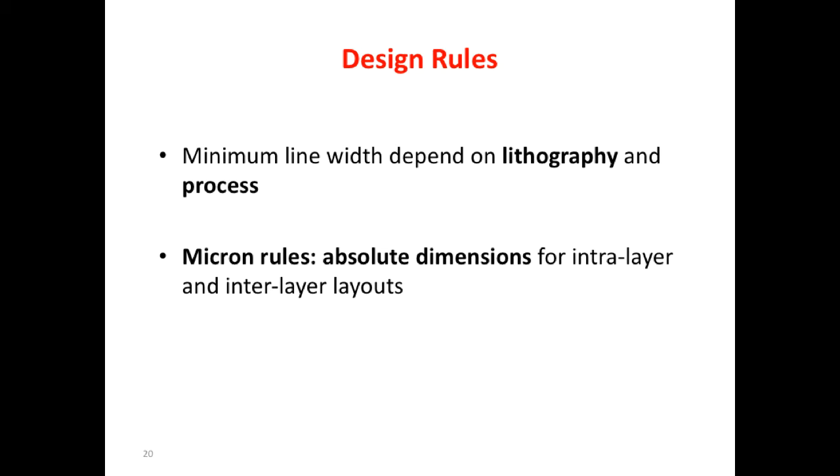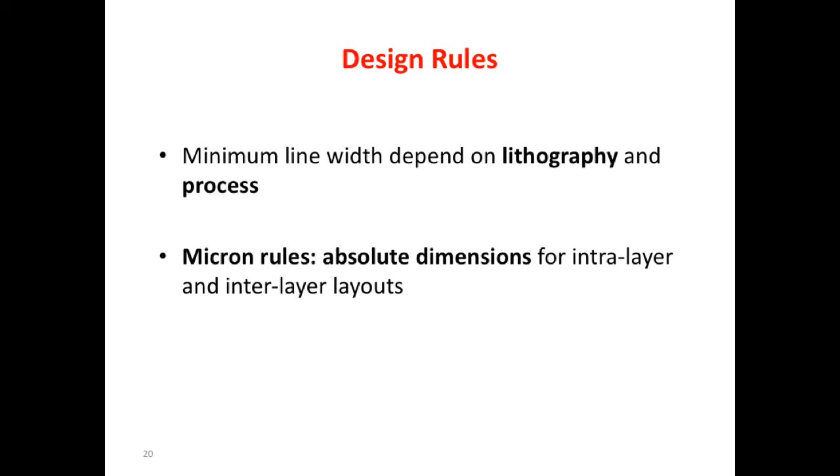For example, when we obtain the gate stack, so the gate insulator and the top polysilicon and the silicide on top, then the lithographic process is able to obtain a minimum length of the gate, which is the minimum line width of the gate stack, and this has to be defined and provided to the designer.